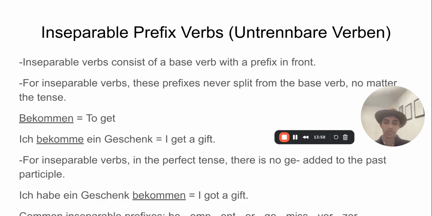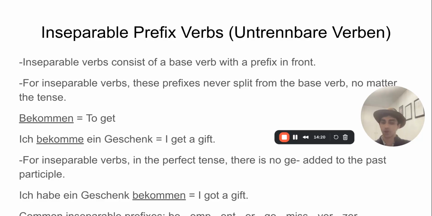For inseparable verbs in the perfect tense too, that inseparable prefix like be, emp, ent, and so on, remains part of the past participle. The only thing to remember here, or the difference, is that there is no ge added to the past participle for inseparable prefix verbs.